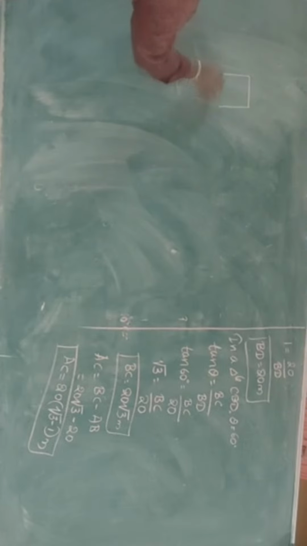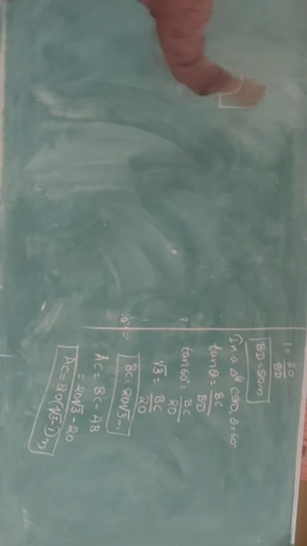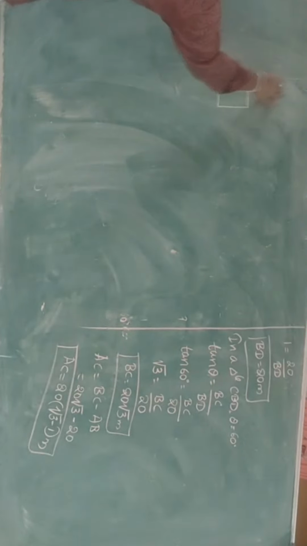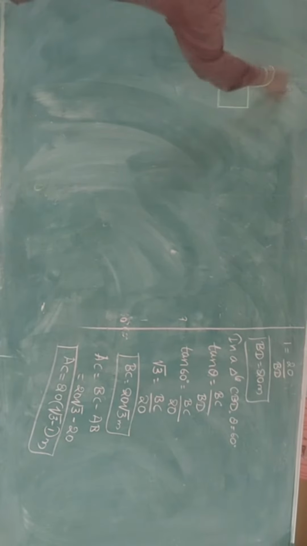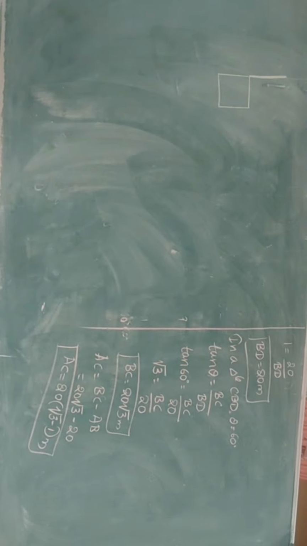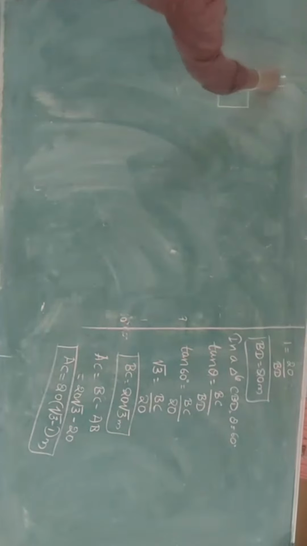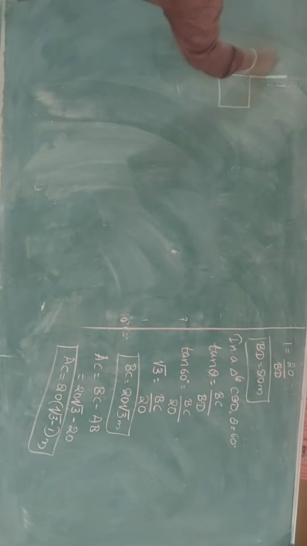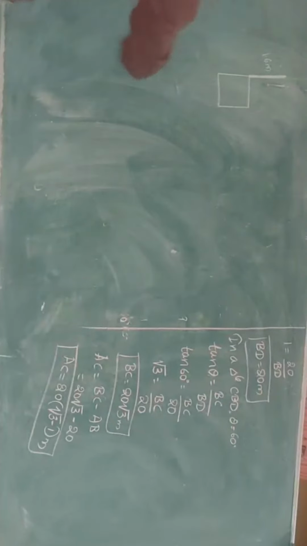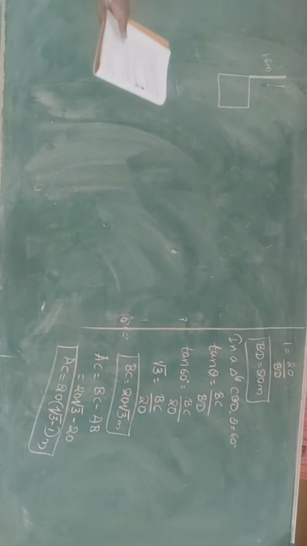A statue 1.6 meter tall stands on the top of a pedestal. So imagine here is one pedestal, and here is a statue. I will just draw one line. This statue is standing on a pedestal, and the height of the statue is 1.6 meter.